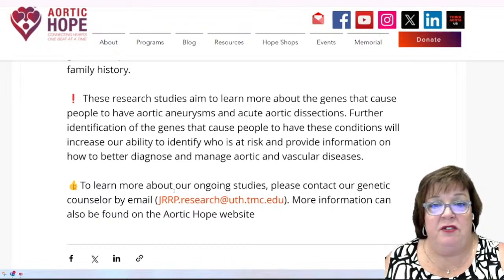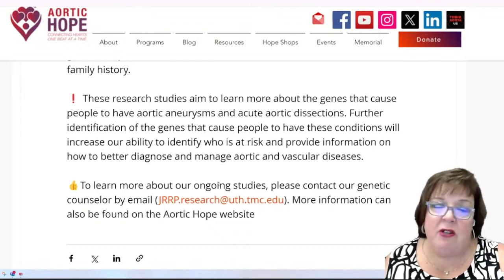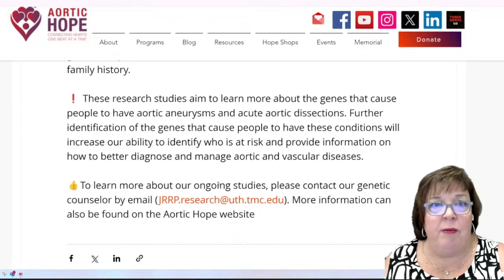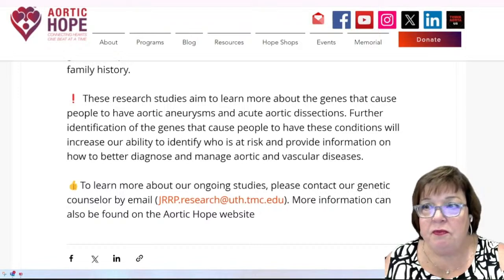Further identification of the genes that cause people to have these conditions will increase our ability to identify who is at risk and provide information on how to better diagnose and manage aortic and vascular diseases. To learn more about the program and the ongoing studies, contact a genetic counselor at jrrp.research@uth.tmc.edu. Also, you can go to our website, Aortic Hope, for more information.